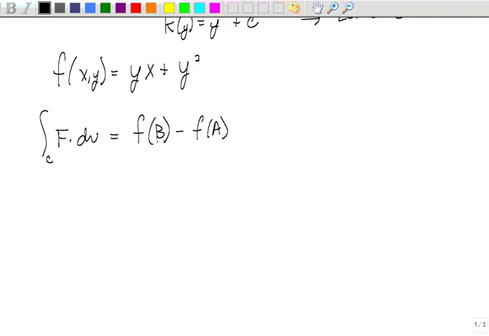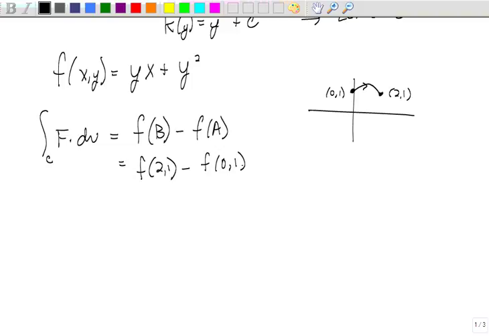So the endpoint of this curve in 12, we have the upper semicircle starts at 0, 1, ends at 2, 1. So this is going to be f of 2, 1 minus f of 0, 1.